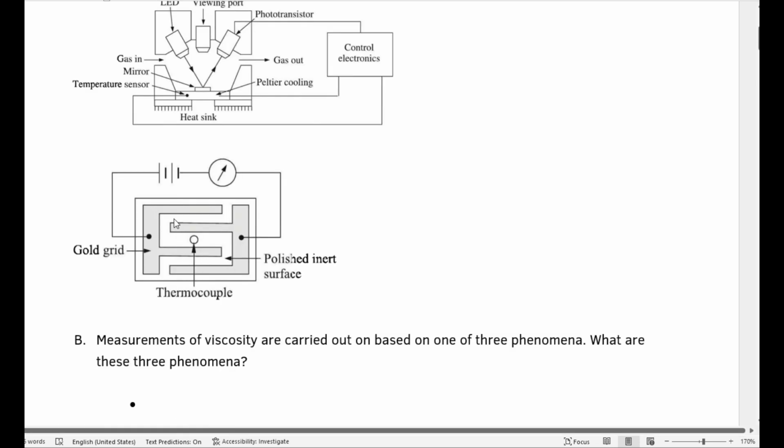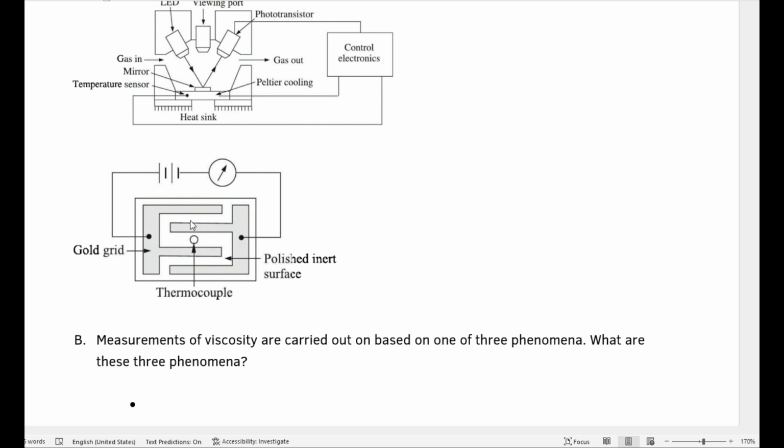The second one, if you see, there is a grid here, and another one here, and there is a polished inert surface. This surface is exposed to the air, and if there is a drop of water, it will absorb this drop of water inside it. We see here the wire connected between these two separate grids, and this surface will connect between them.